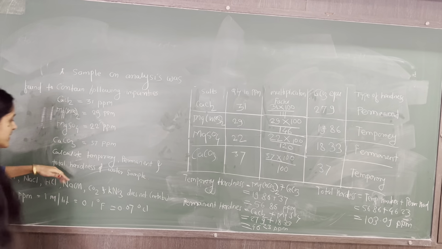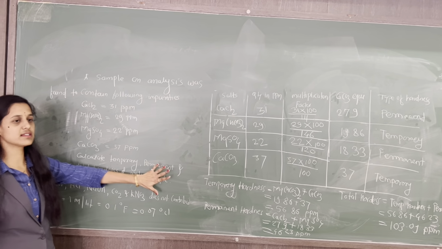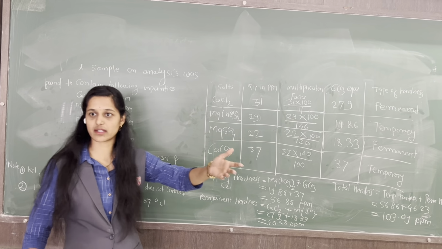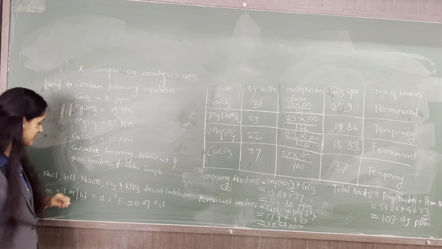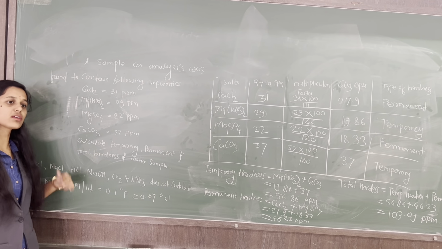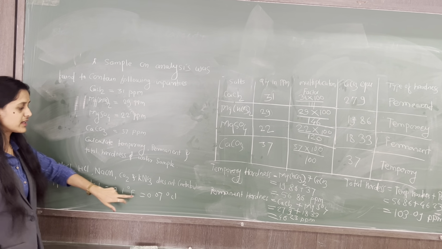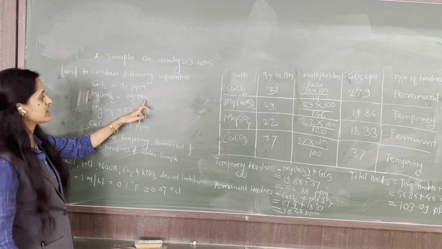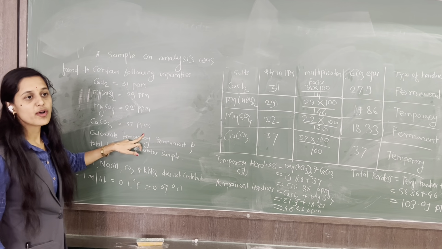Here they have not asked to calculate this hardness in ppm or mg per liter or degree Clark or degree French. If they ask you to convert your answer into degree French, degree Clark, mg per liter or ppm, here they have given the impurity in the form of ppm.